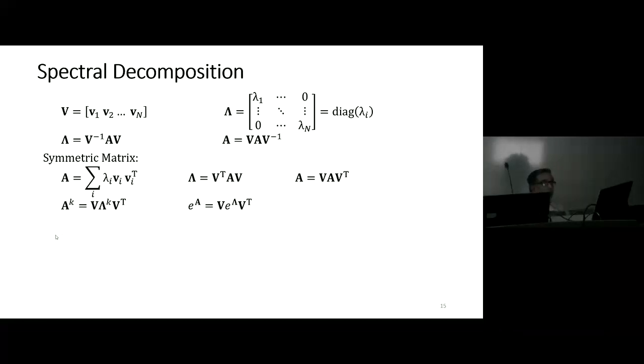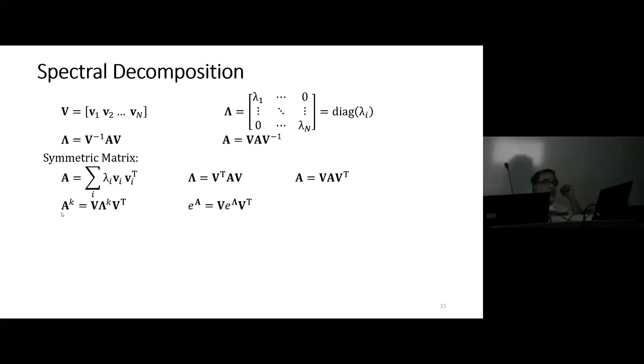Okay, and we've seen that A to the K is V lambda to the K V transpose. E to the A is V e to the lambda times V transpose. Here you can do the exponentiation element-wise. This e to the A, you're not exponentiating each element. This is based on the Taylor series expansion: I plus A plus A square over 2 plus A cube over 3 factorial and so on.